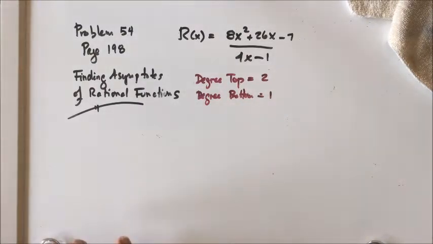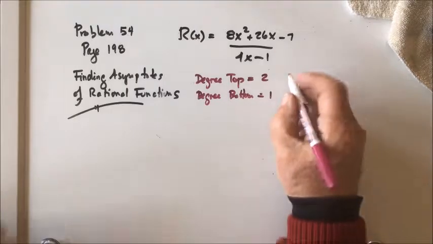So if we run back over to page 194, and we look at this case that says if the degree of the numerator is 1 more than the degree of the denominator, the line y equals ax plus b is an oblique asymptote.